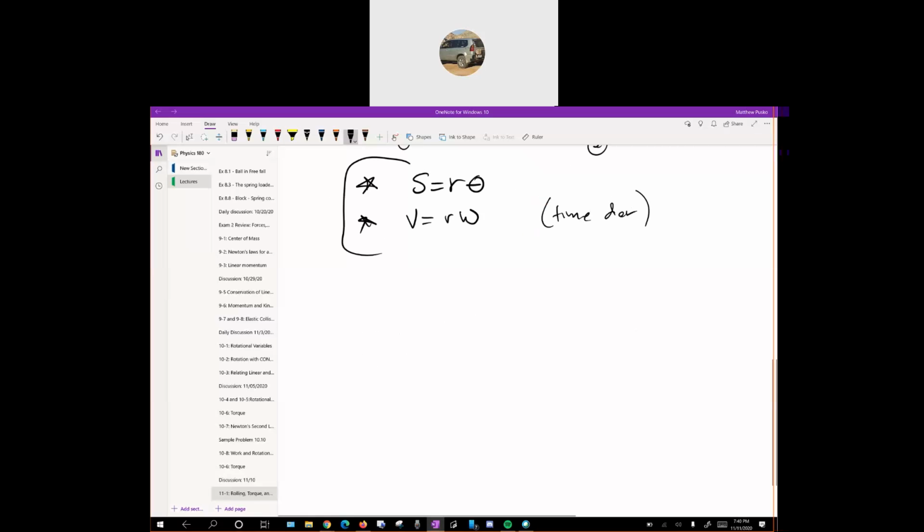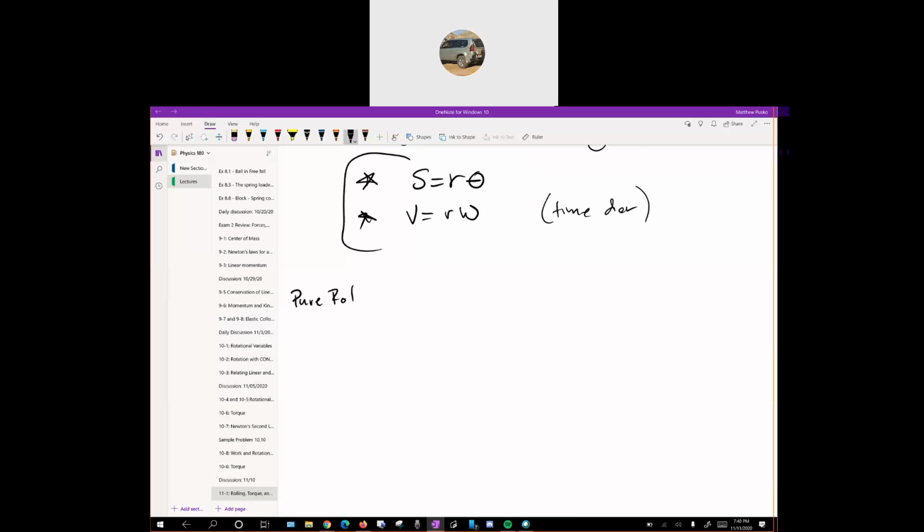We can say there's a pure rotation going on plus a pure translation, and that's going to equal what the book is going to call a rolling motion. More generally, a general plane motion.